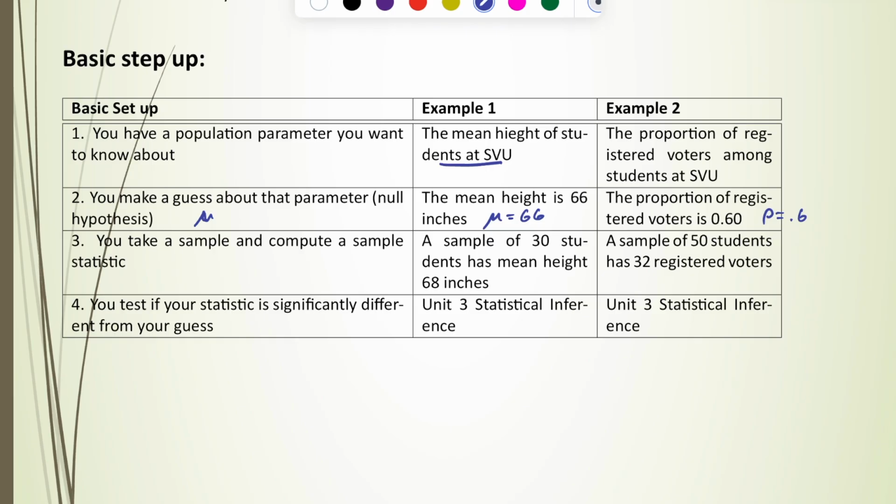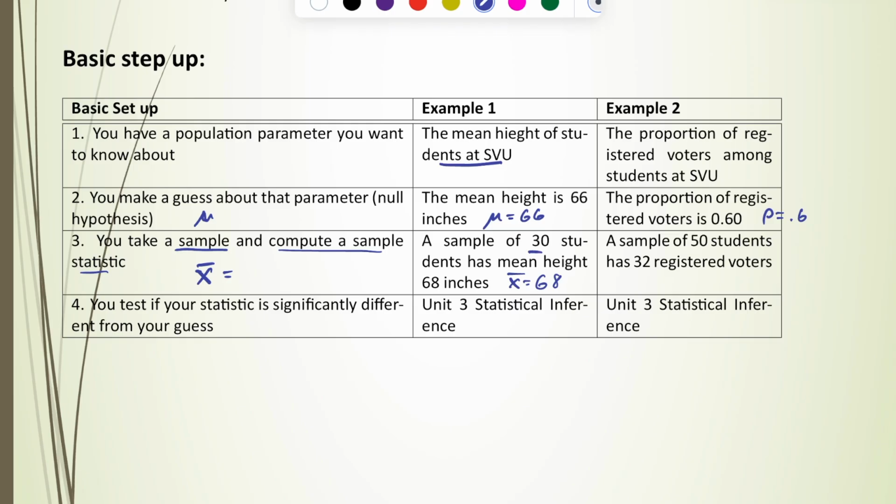The next thing to do is to take a sample and compute that corresponding statistic. And so you do that, you get something like x bar equals some value. In this case, we get x bar equals 68 inches, and that was a sample of 30.